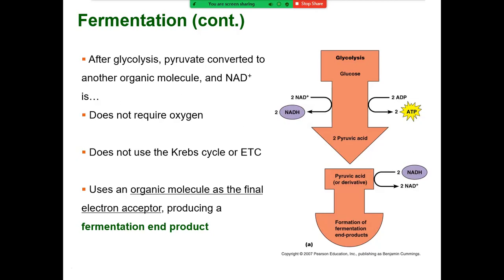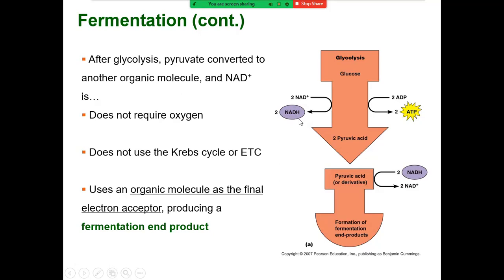Now, why would a cell, like our muscle cells, which can engage in both aerobic respiration and fermentation, convert NADH into NAD plus in fermentation, if it could keep the NADH and then eventually send it through aerobic respiration where we would get much more ATP?